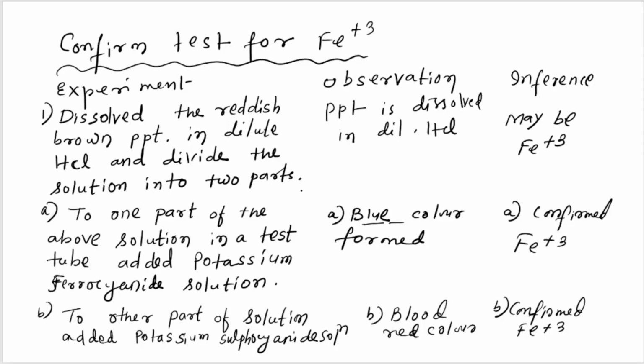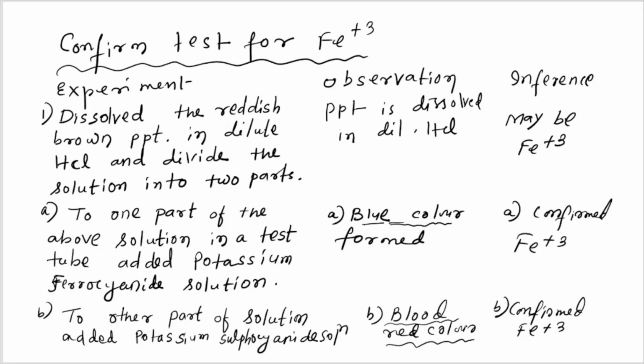And if you add the next one, see, one is potassium ferrocyanide and the other is potassium sulfocyanide. To the other part of the solution add potassium sulfocyanide solution, then what is the color? Blood red color. Remember, in the 2 solutions, one is sulfo, the other is ferro, and there is a difference in color.